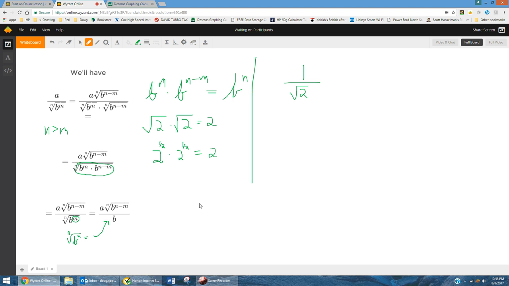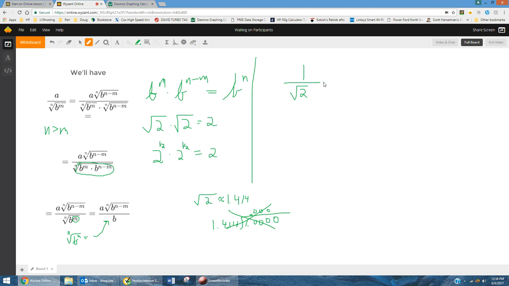If you know that the square root of 2 is approximately 1.414, to evaluate this, you'd have to do 1.414 divided into 1.0000. And I don't know about you, but I don't want to do that calculation. Forget it. So in the old days, that's one of the reasons we used to rationalize the denominator.